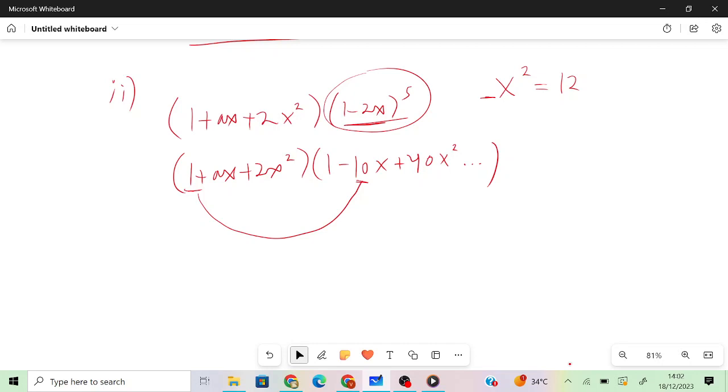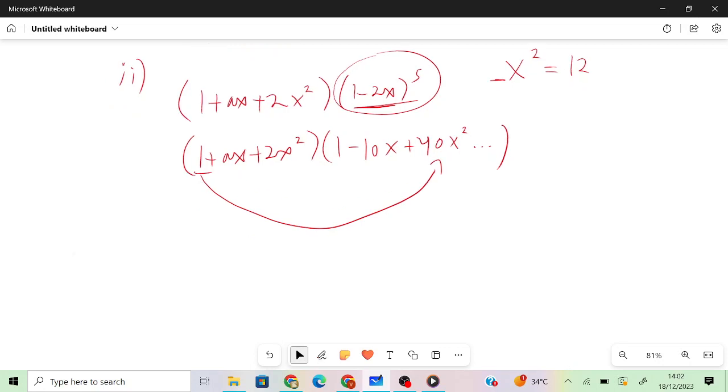But I don't need that because they told me that the coefficient of x squared is 12, and what I just did is giving me minus 10x. So I don't need x. If I do 1 times 1, again, I'm not getting an x. I'm getting a term independent of x, which I don't need again. However, if I do 1 times 40x squared, I'm getting 40x squared, and that is something I do need because I want anything with a coefficient of x squared, because that's what we're trying to find.